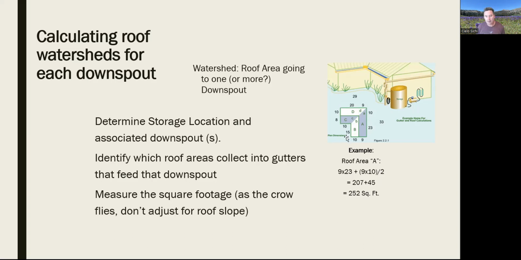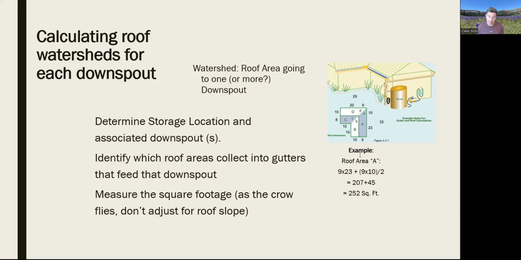So you want to be able to figure out your square footage of whatever part of the roof that downspout is servicing, and then do a simple calculation where roof area is A, and you can figure out what the actual potential, what the square footage is.